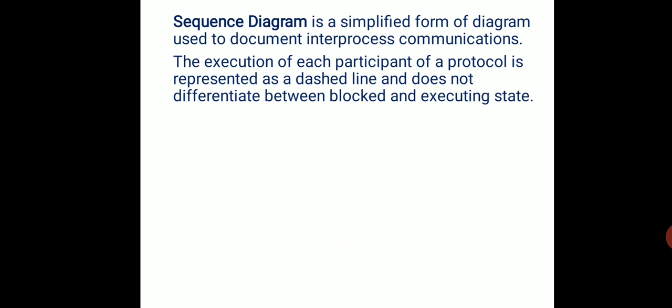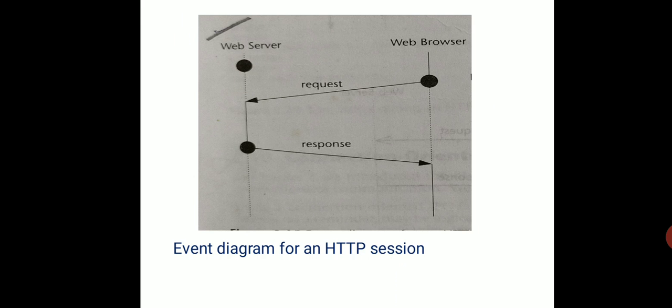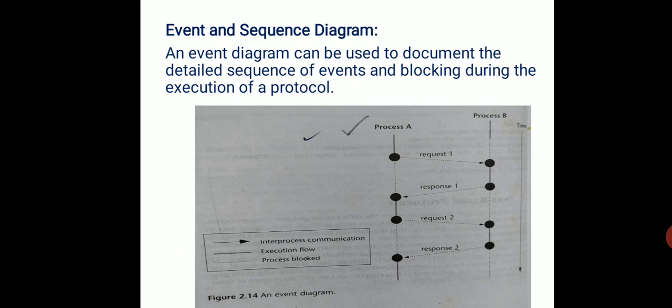Okay, but in event diagram, blocked state is represented in the dotted line and executing state is represented using the solid line.